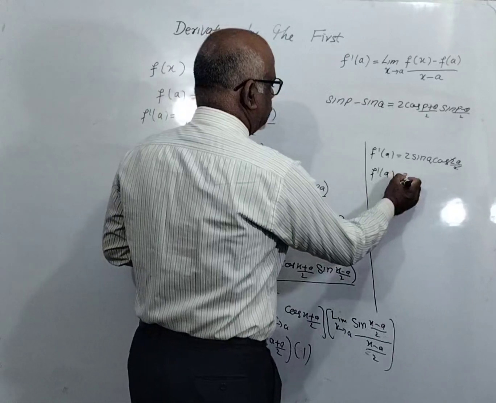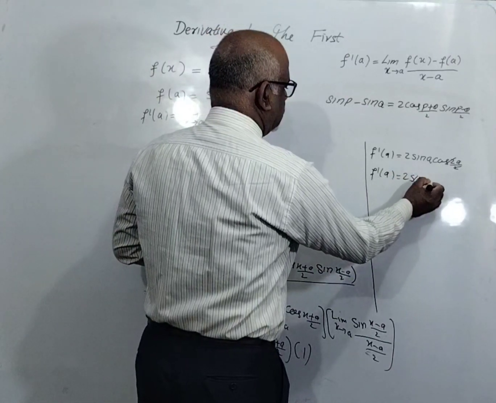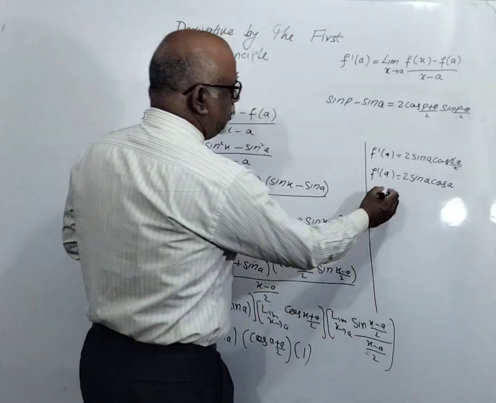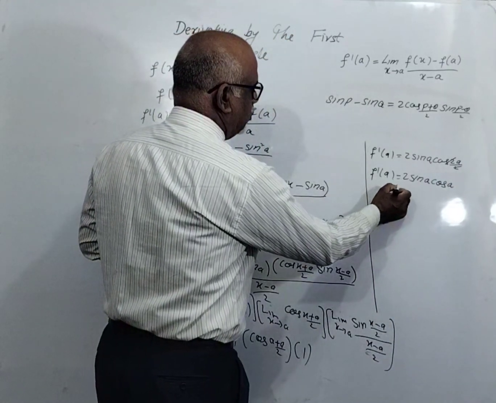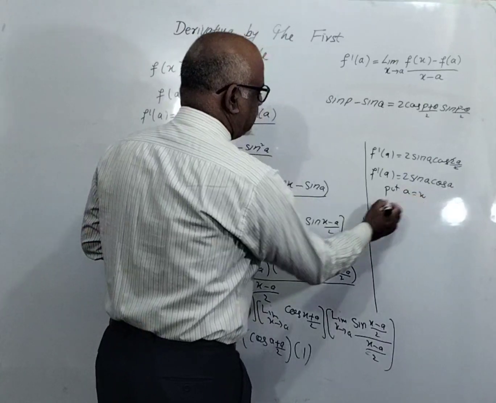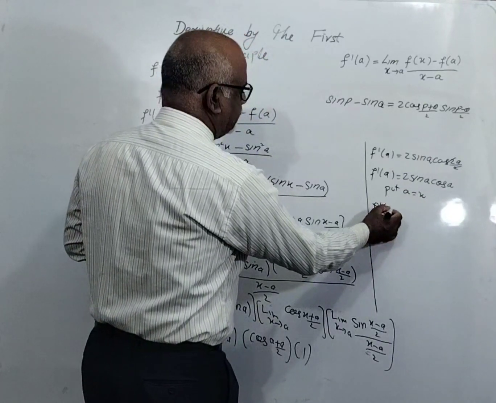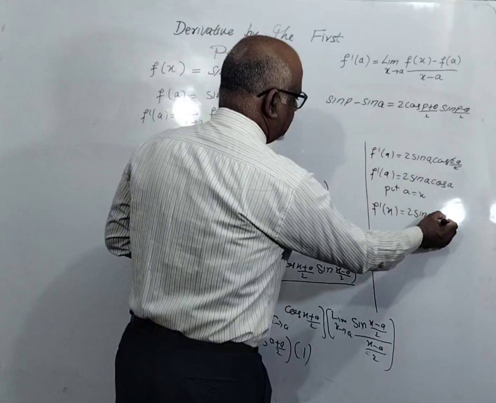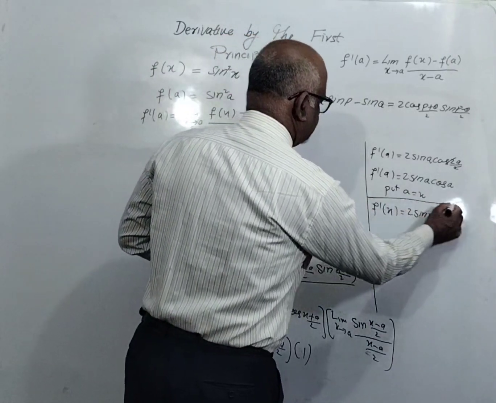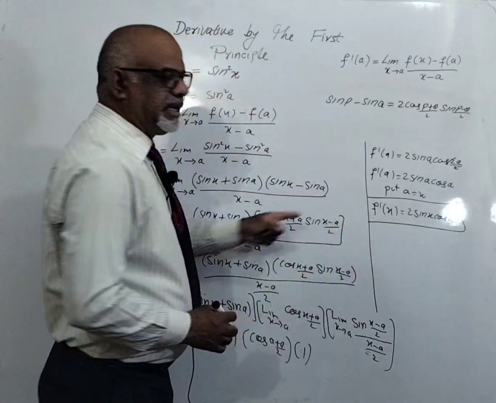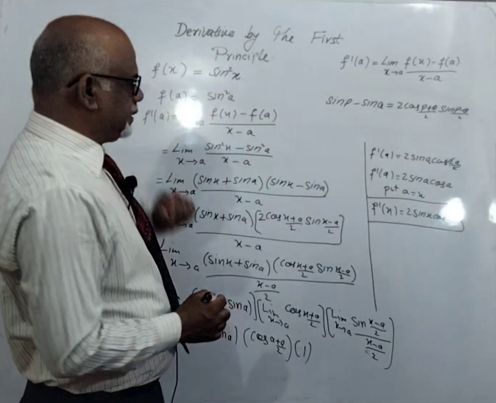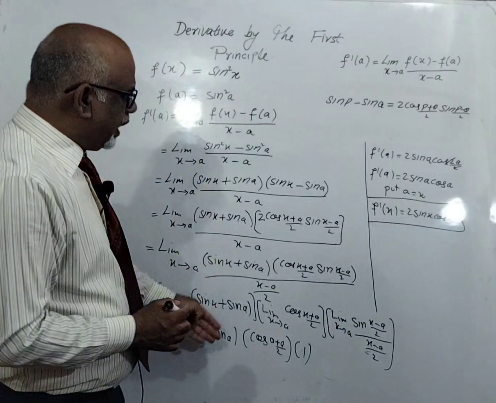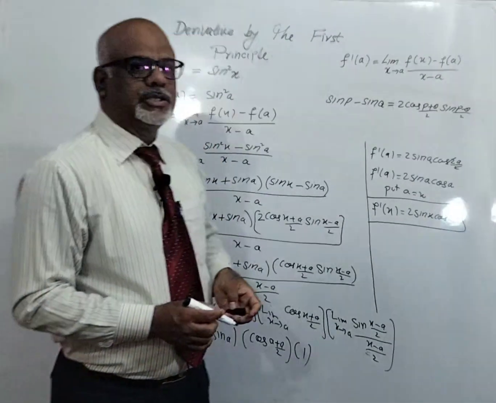So this is 2 sine a cos a. Now we put the value a equals x. So this is f prime of x equals 2 sine x cos x. This is the derivative of sine square x, and we used the first principle to find the derivative of sine square x.